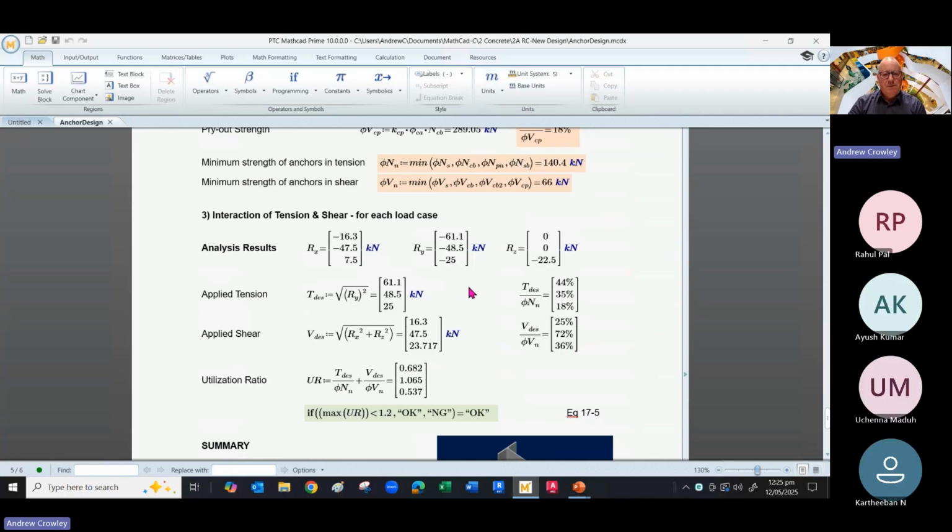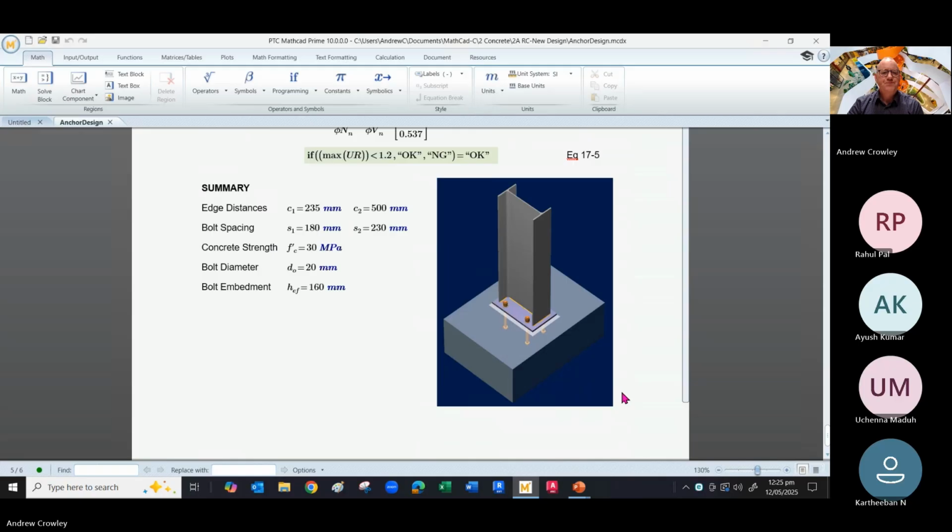So we can derive what the applied tension is and the applied shear by taking the vector sum and then doing a utilization check. Now it's over 1, but it's okay because it's below 1.2. Equation 17.5 allows you that margin. And here's a summary and a diagram to show you what's been going on. So that was the Mathcad for the design of the anchors.